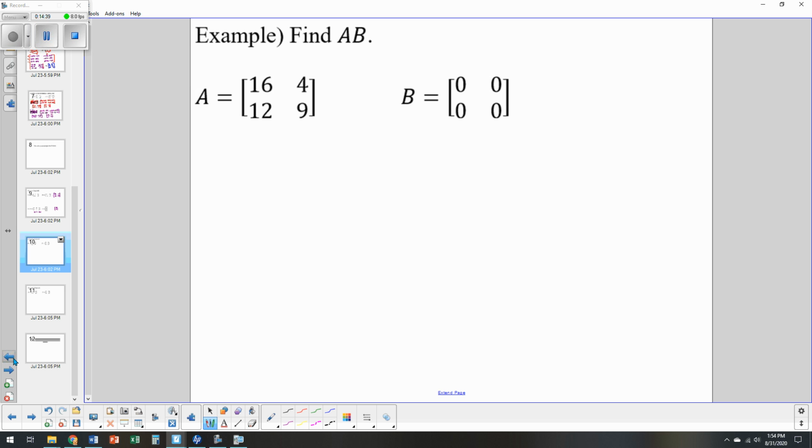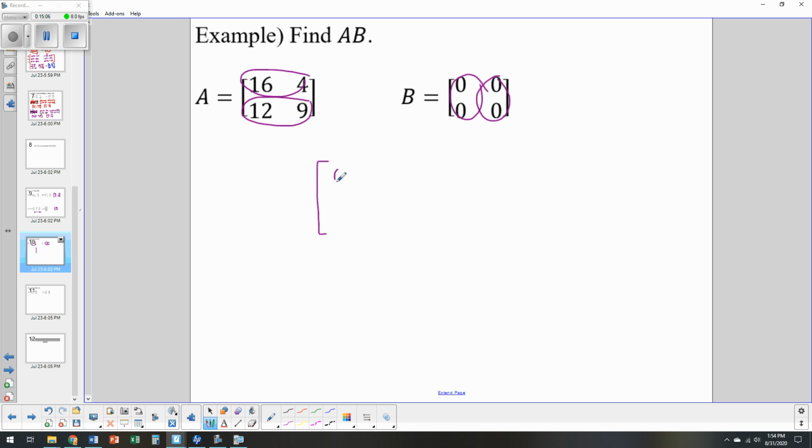Now, normally I would ask you, if I was talking to you, what do you think would happen? What do you think is going to happen if we multiply all these numbers by a matrix that is a 0 matrix? And your guess would probably be right. Anytime you multiply something by 0, it's going to become 0. So when I do the multiplication here, I end up with 16 times 0, which is 0, plus 4 times 0, which is 0.